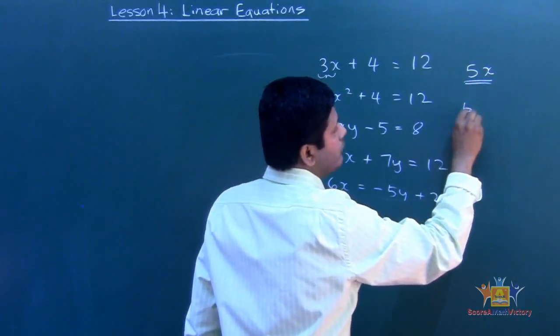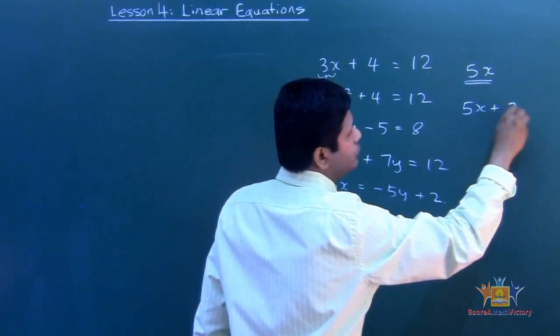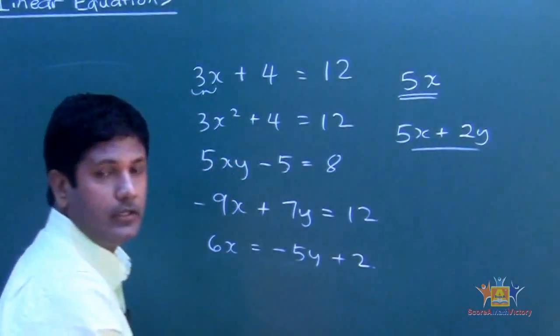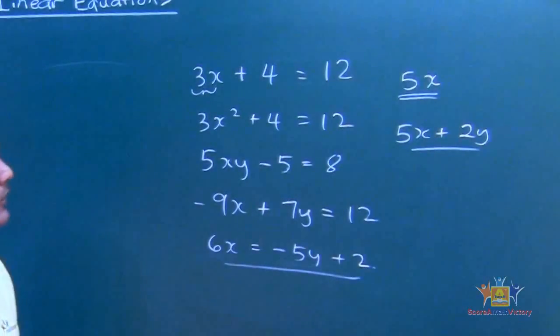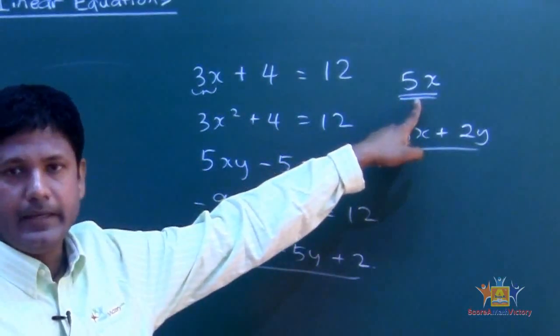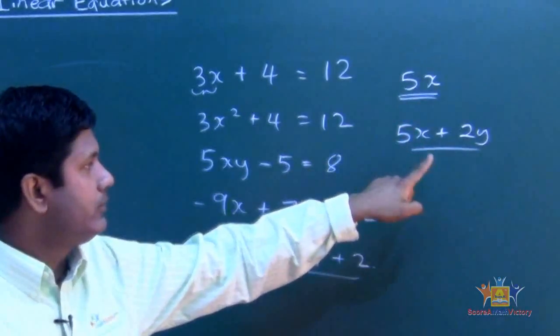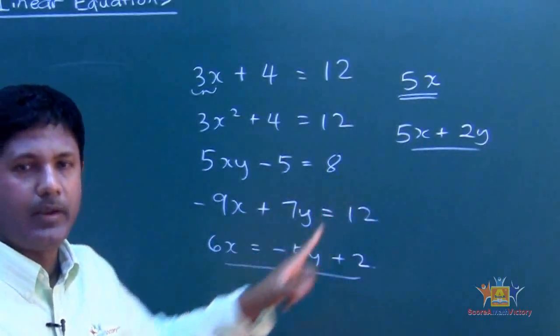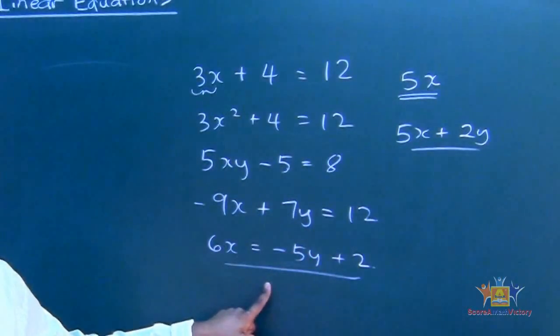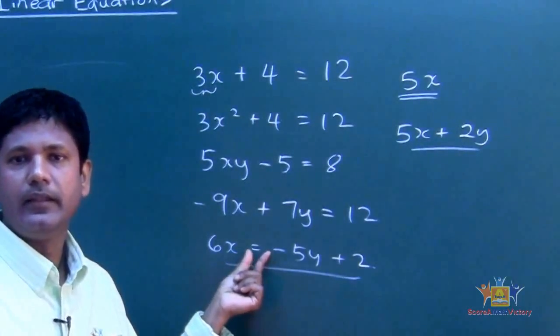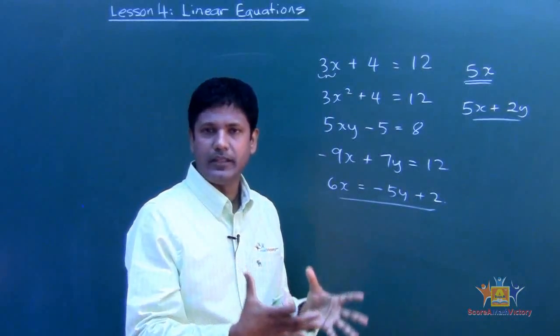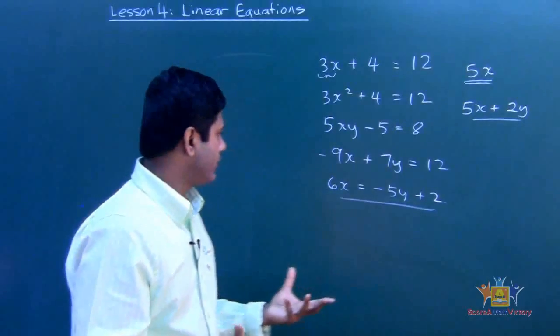If I give you 5x plus 2y, that's the expression. Okay, and this one is the equation. Okay, so this is a linear term, this is a linear expression, and this is a linear equation. Why is this one an equation? See, there's an equal sign there. That makes it an equation. See that? So linear equation. Alright, good.